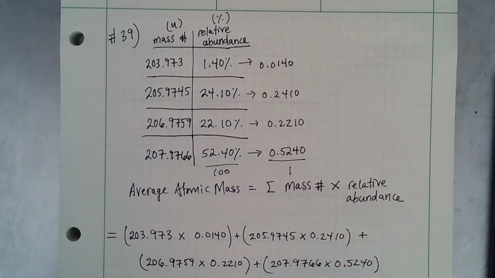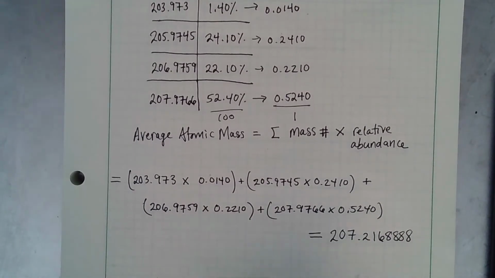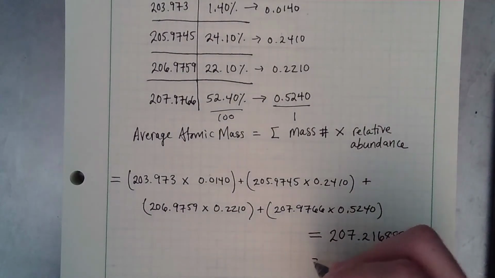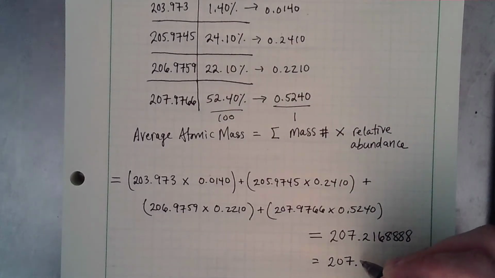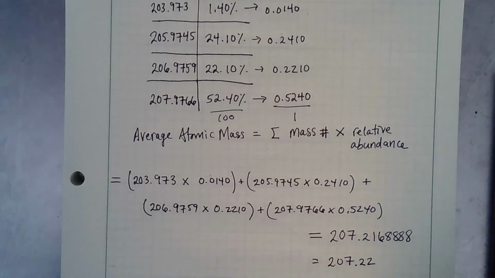So technically we would be turning this whole number into just 207. Sorry, let me show you that. 207. I'm not a huge fan of that. So technically following significant figures this would be 207. Let's just add a few more here, just to be a little bit careful. Let's just say 207.22. Okay, so that is the average atomic mass.